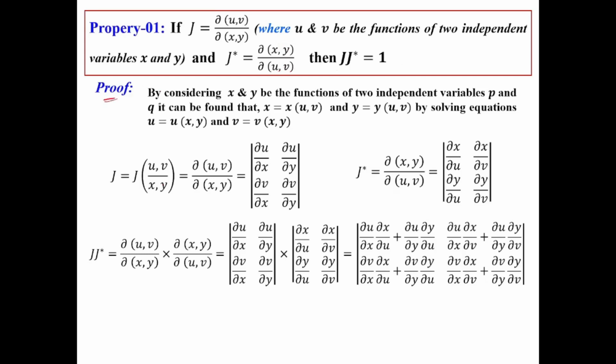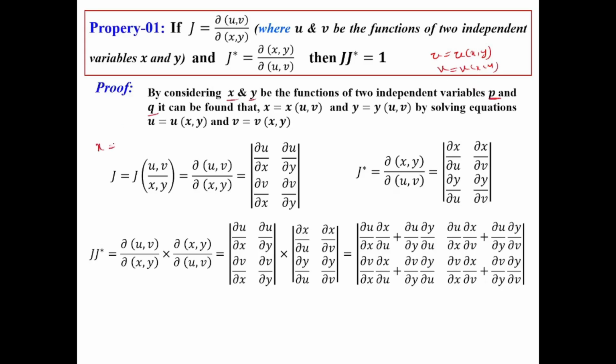Here the proof starts by considering x and y be the functions of two independent variables p and q. Here u and v are the functions of x and y. Here u is the function of x, y and v is the function of x, y. But here, we consider x and y be the functions of other two independent variables p and q.